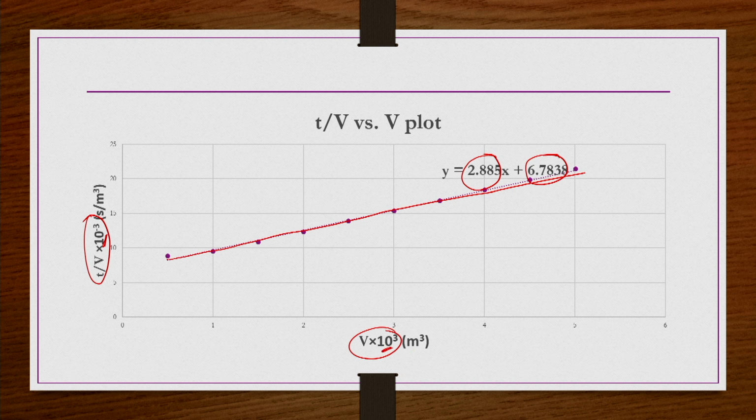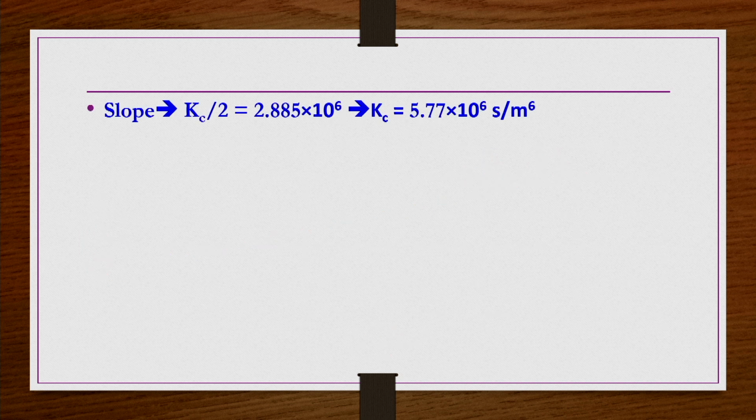Right. So, this t by V versus V plot is a linear plot in the form y is equal to mx plus c, where the slope is 2.885 and the intercept is 6.7838. From here, the slope Kc by 2 is equal to 2.885, which should be multiplied by 10 power 6.